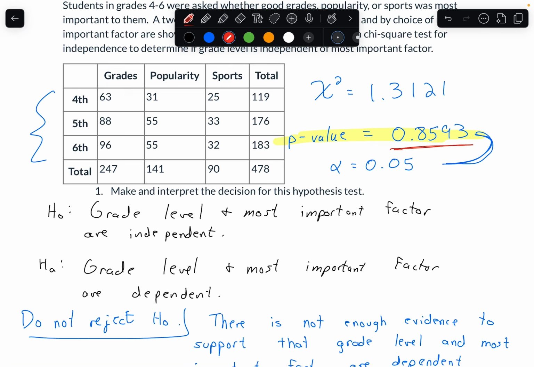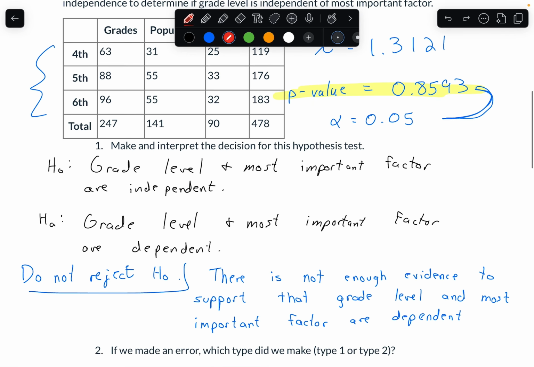So it's not unlikely at all that we would get a sample that looks similar to this if the null hypothesis is true. That's not really very much evidence at all for the alternative hypothesis. So that's why we will not reject the null hypothesis. We will continue to believe that that is true.